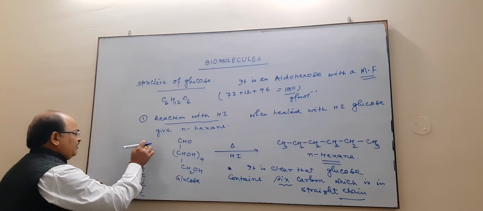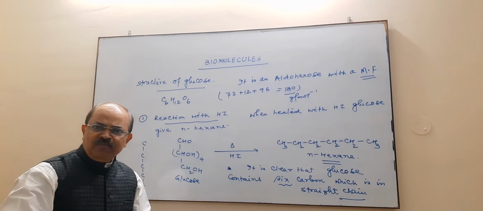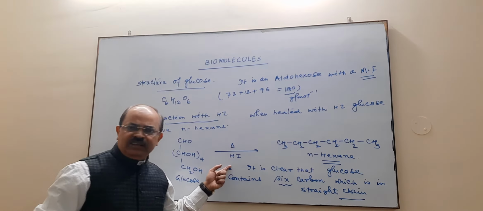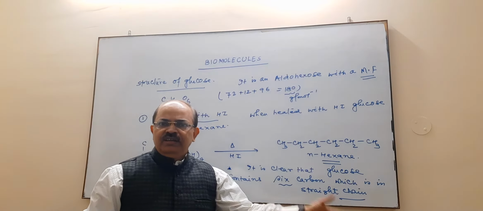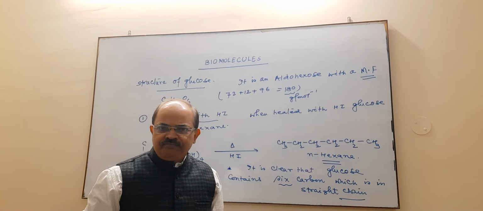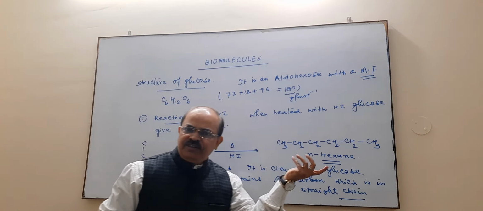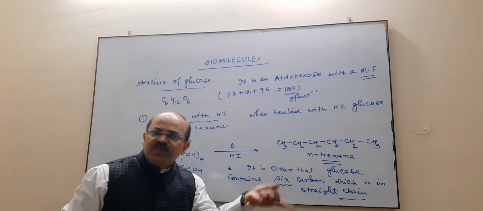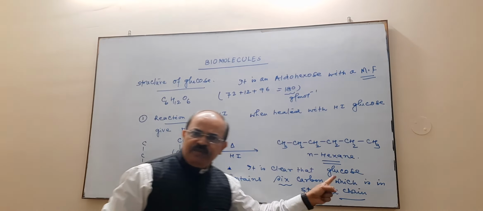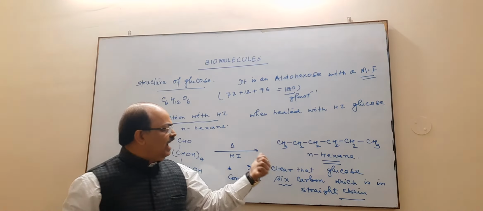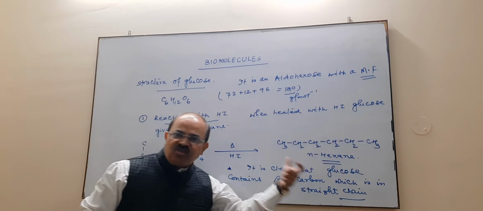आप कहेंगे ये कैसे पता चला? 1 2 3 4 5 6, ये कैसे पता चला कि स्ट्रेट चेन में है? अगर मान लीजिए कॉन्क HI के साथ आपने इसको हीट किया और ये नॉर्मल हेक्सेन न दे करके ये 2 मिथाइल पेंटेन दे देता, ये 3 मिथाइल पेंटेन दे देता, तो आप कह सकते थे कि ओनली 5 कार्बन इज इन चेन एंड 1 कार्बन इज इन ब्रांच, because on heating with conc. HI it gives normal hexane, and normal hexane has all 6 carbon in a straight chain.